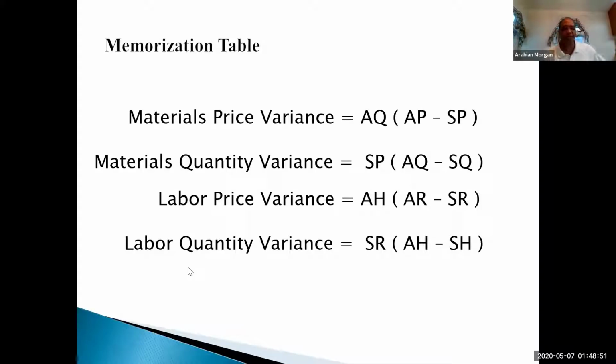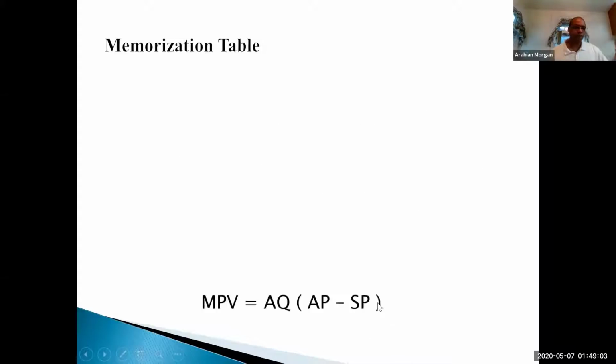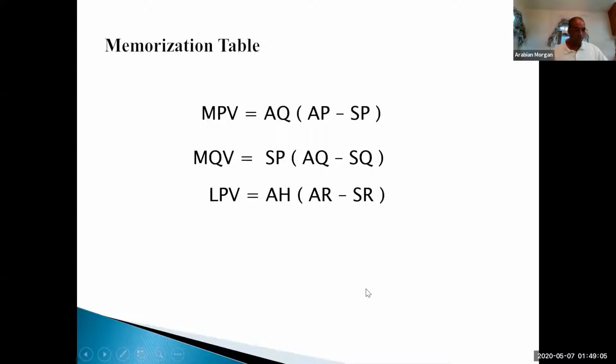Turn with me to page 422 in your workbook, page 422. Oh, I'm sorry. Also on page 421, just those 4 formulas, I just want you to know that I'm going to abbreviate them going forward.